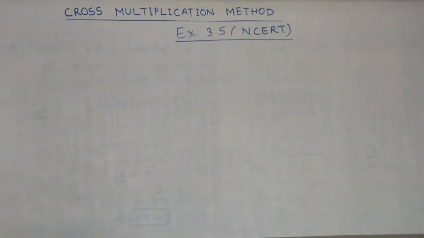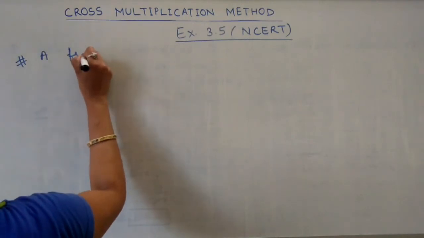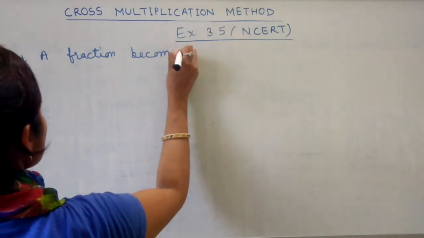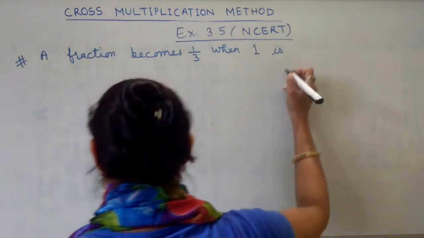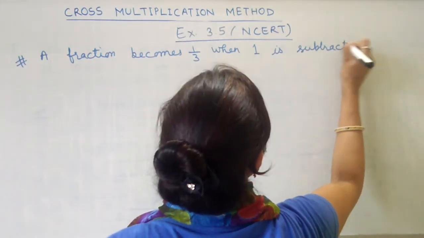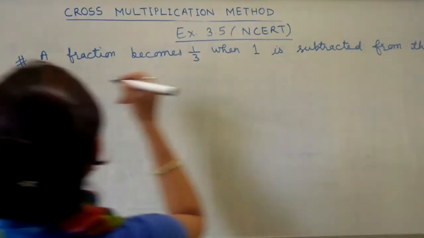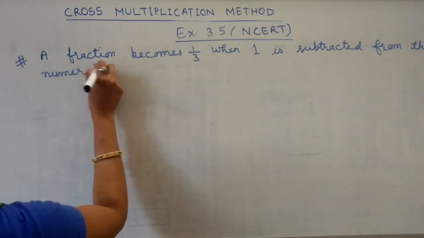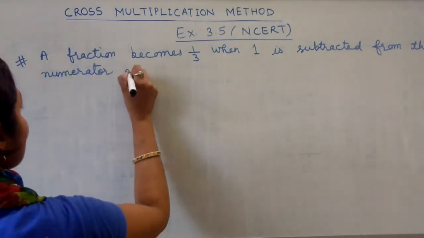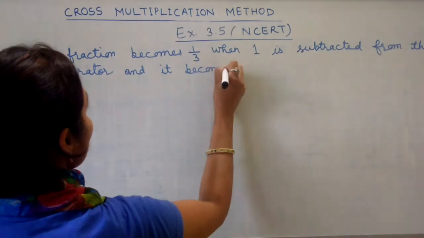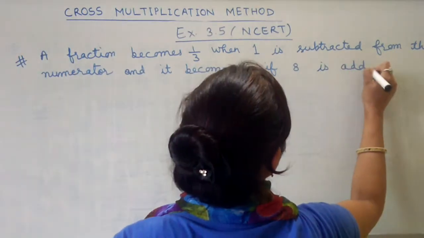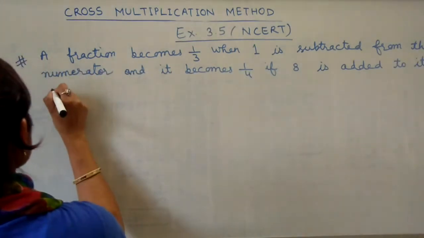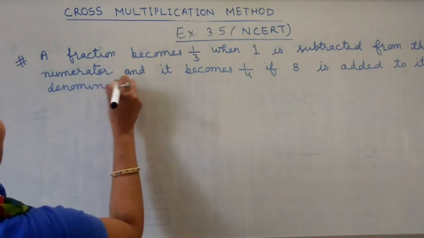So I will take that question: a fraction becomes 1 by 3 when 1 is subtracted from the numerator, and it becomes 1 by 4 if 8 is added to its denominator. Find the fraction.